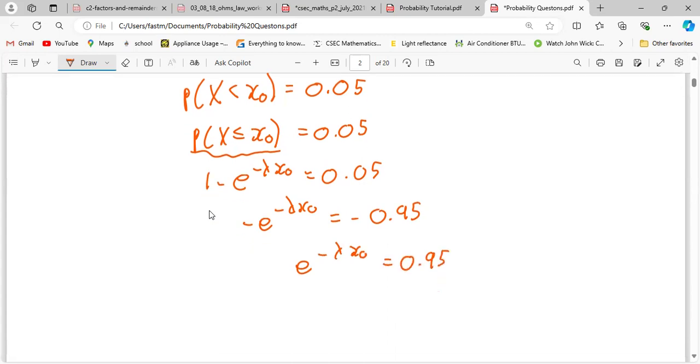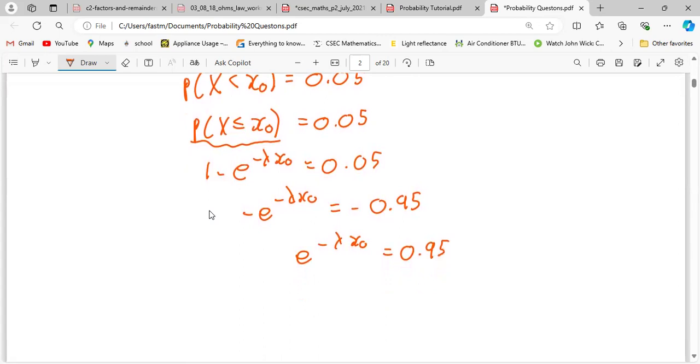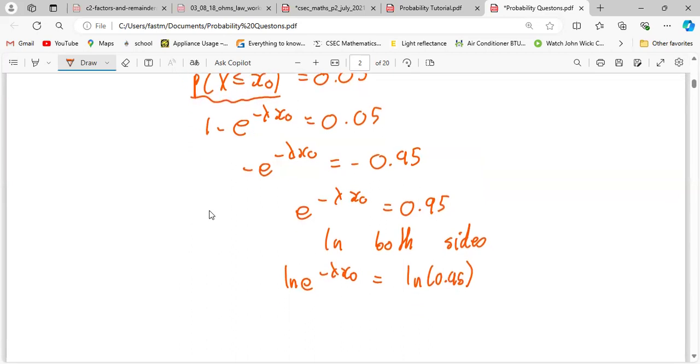In this case, we don't have e on both sides, so all we need to do is take the ln of both sides. So e to the minus lambda x0 is 0.95, and we take ln of both sides. Since ln and exponents are opposites of each other, they cancel. So you just end up with minus lambda x0 is equal to ln 0.95.